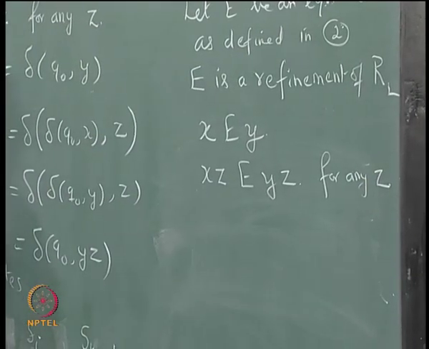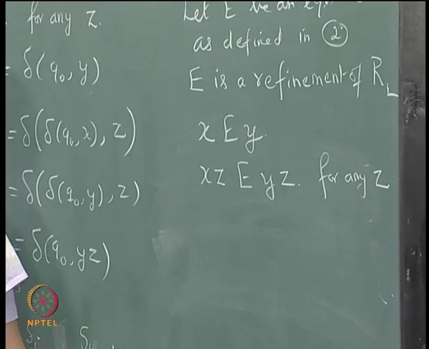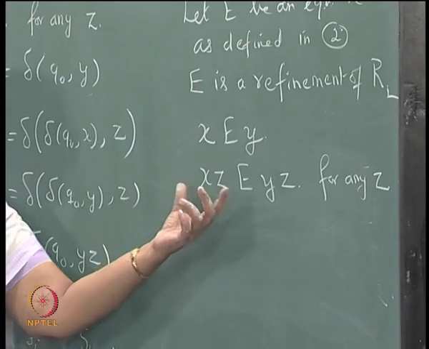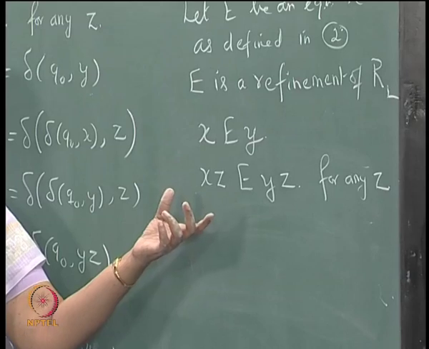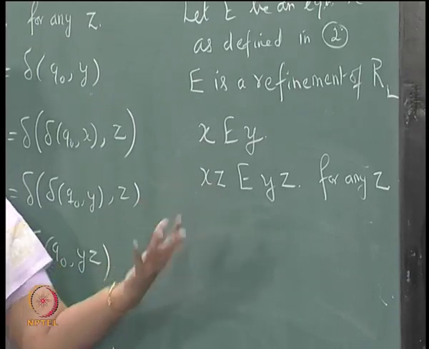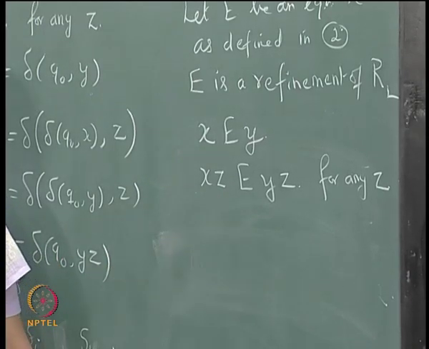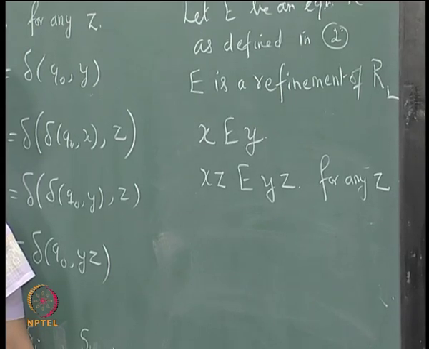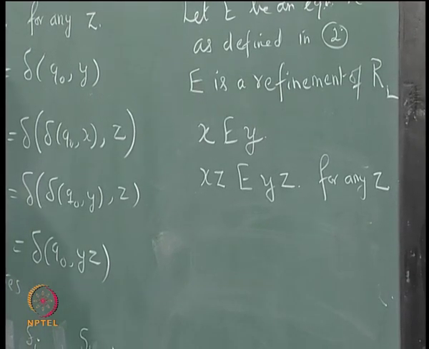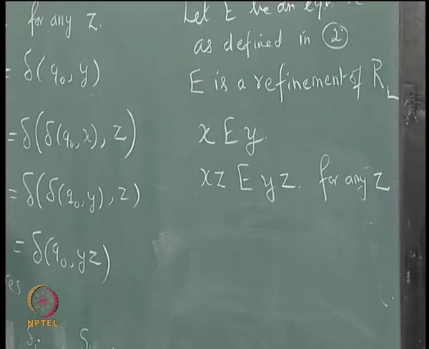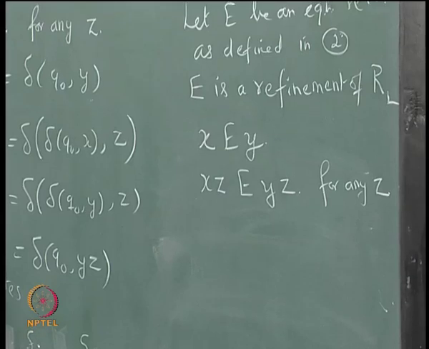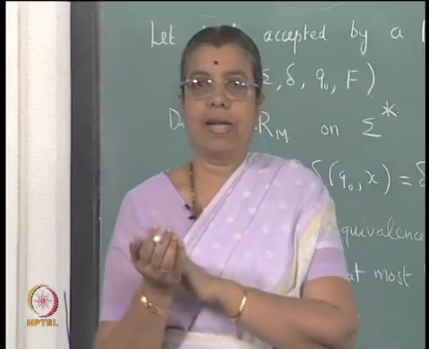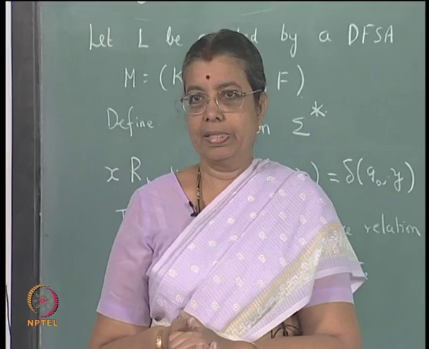Now, L is the union of some of the equivalence classes of E. So, if L contains this equivalence class, then xz and yz will both be in L, isn't it? L will contain one equivalence class completely, or it may not contain it at all. It is not that it will contain a portion of the equivalence class and leave the remaining, not like that.